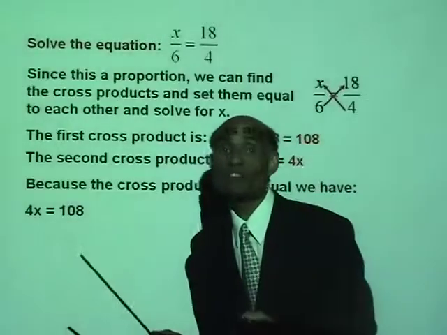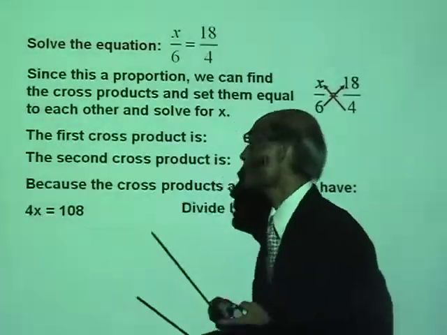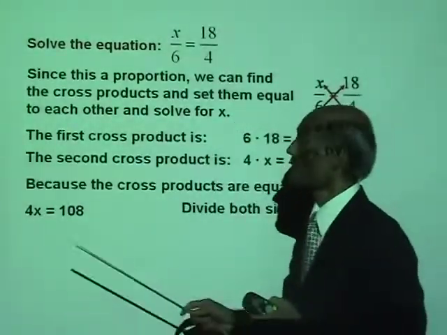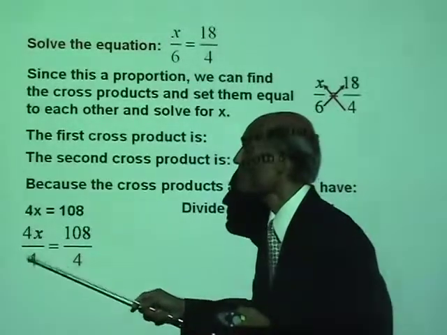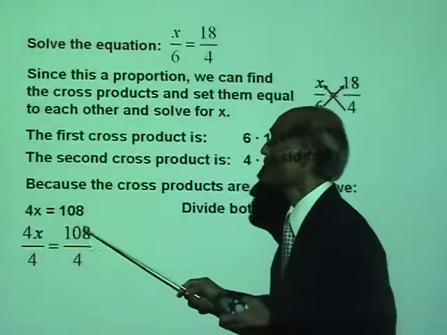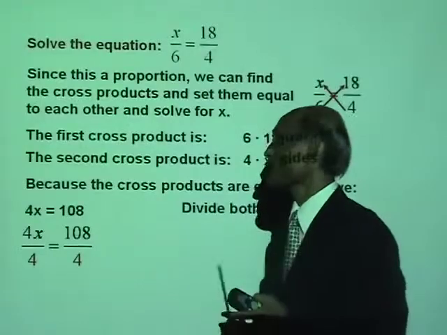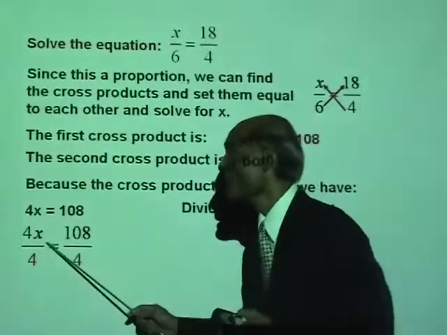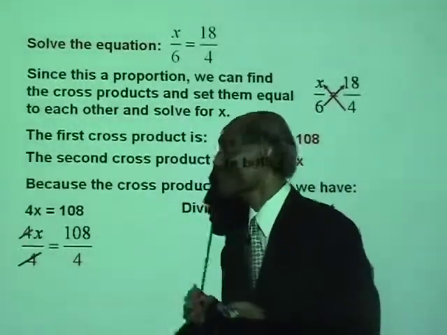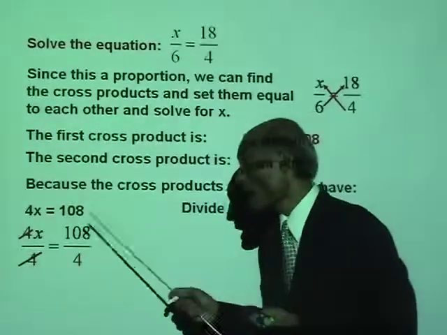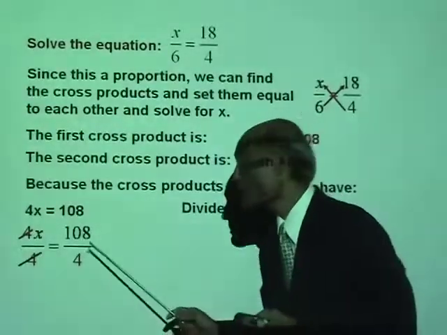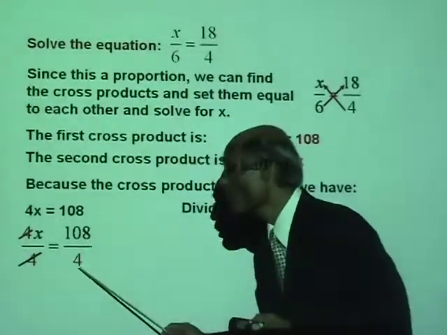And to find x now, we divide both sides by 4. And that will be 4x divided by 4 is 108 divided by 4. On the left, the 4 and the 4 will go. And on the right, can you factor 108 looking at 4 here?